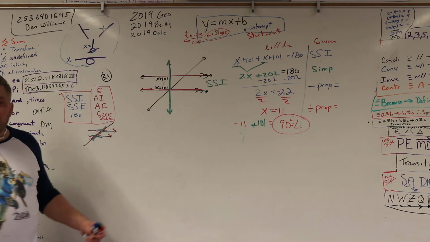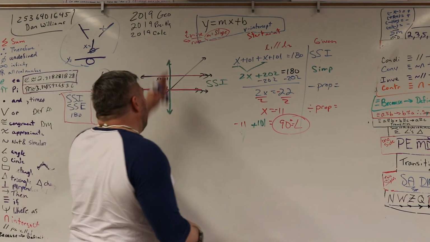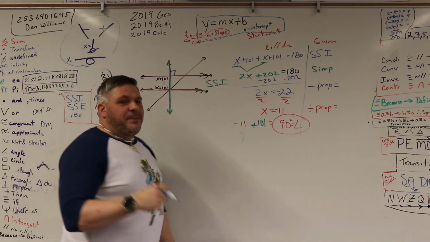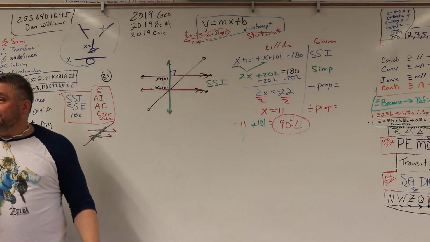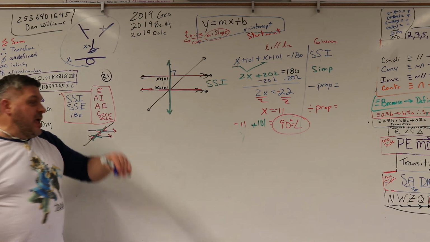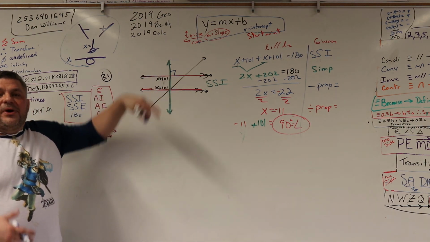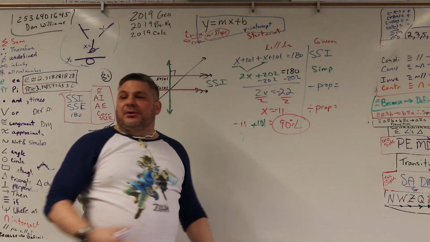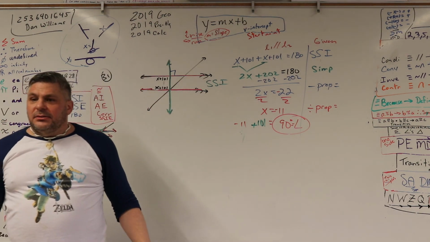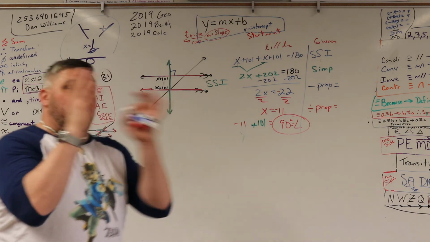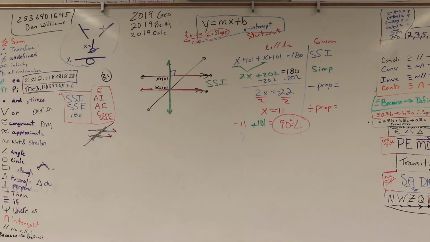Okay? So that means that this is perpendicular. And that's huge. Maybe not for this problem, but for another problem down the road, okay? Does that make sense? When you have multiple problems in one problem, okay?